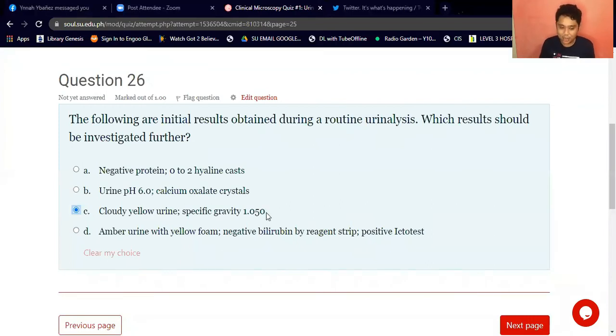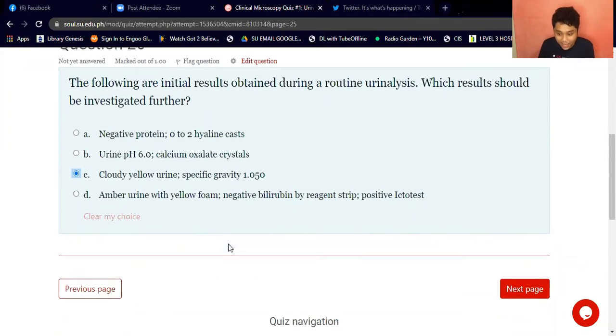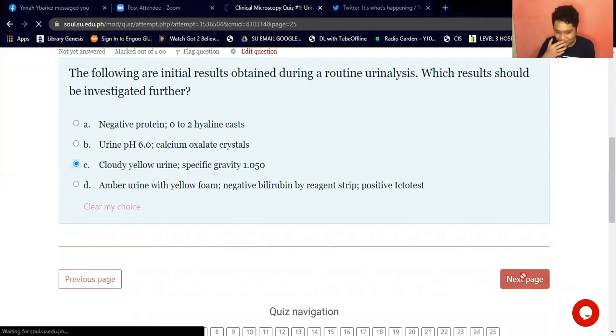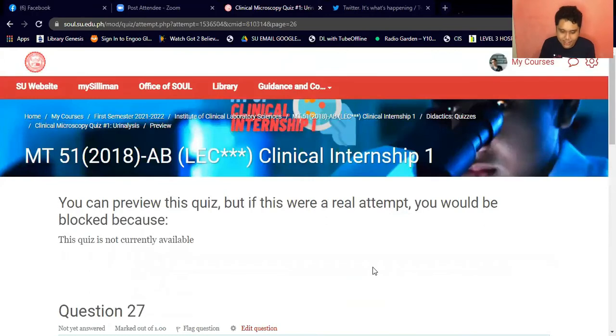It's physiologically impossible maabot ang level, unless naay radiographic contrast media sa ihi. So that's the one that needs to be analyzed further. That's for number 26.